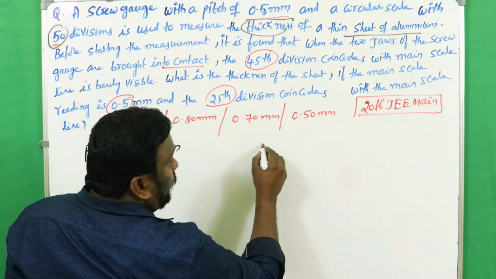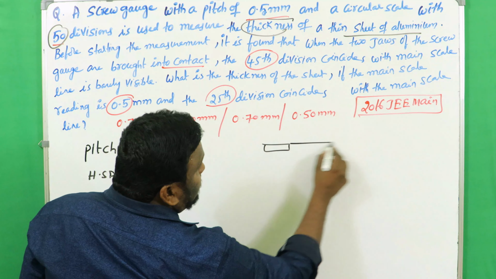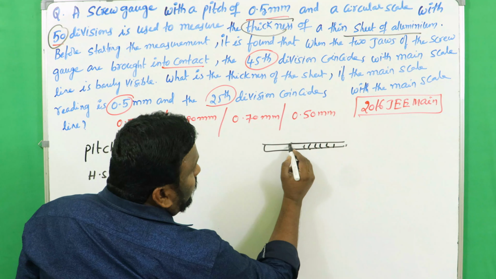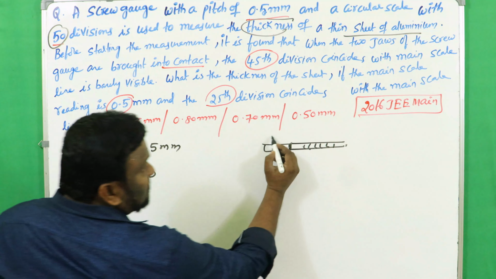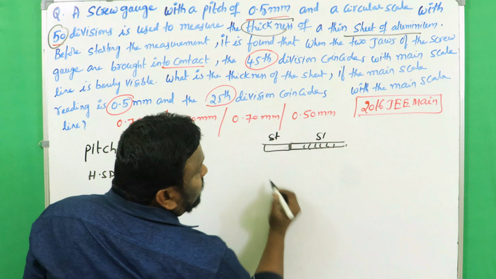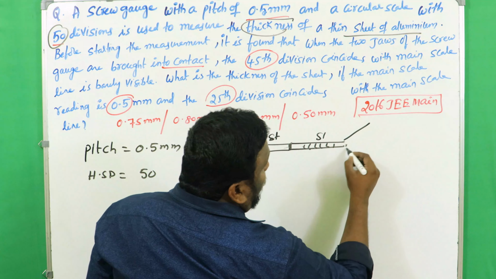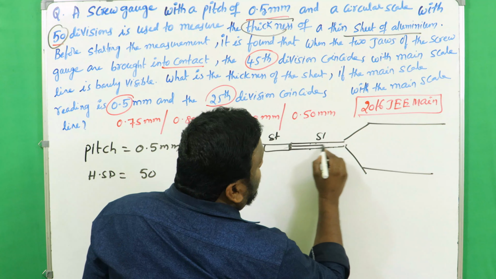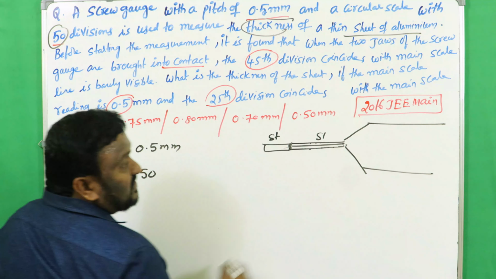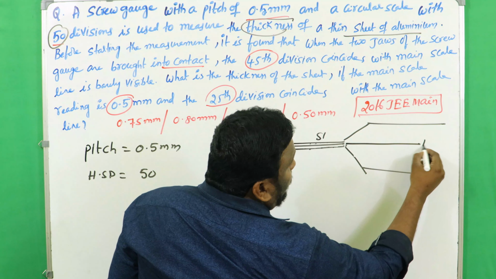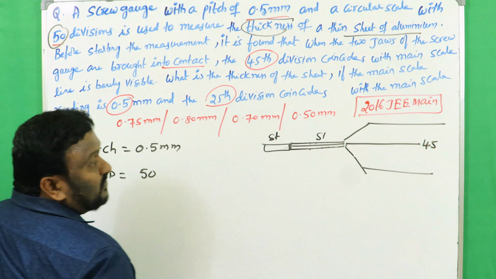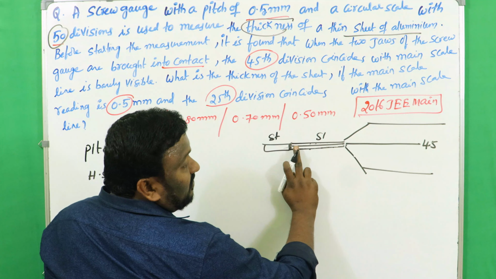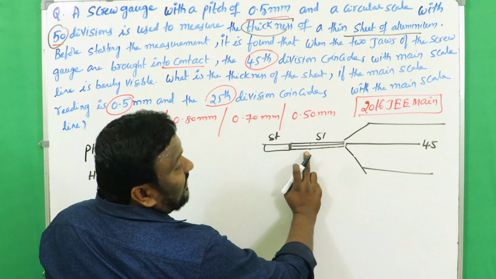And what is said is, when both jaws come into contact, before going inside the sheet, this is stud 1 and this is stud 2. When both come in contact, the 45th division of the head scale coincides with the index line, or main scale line.